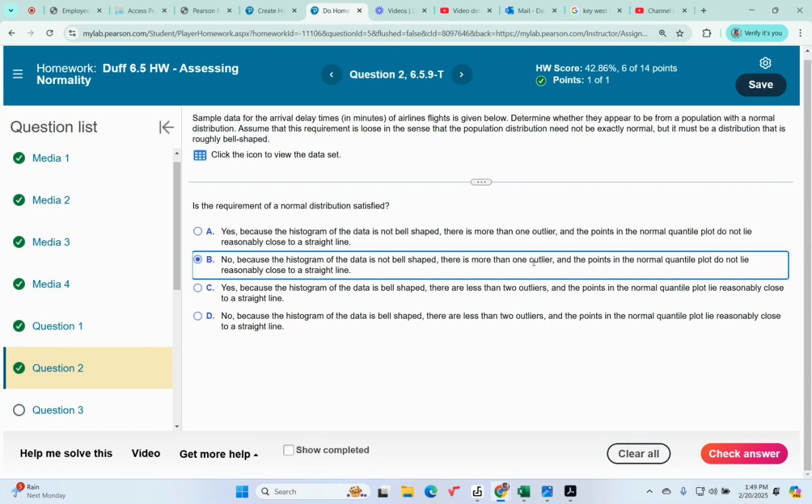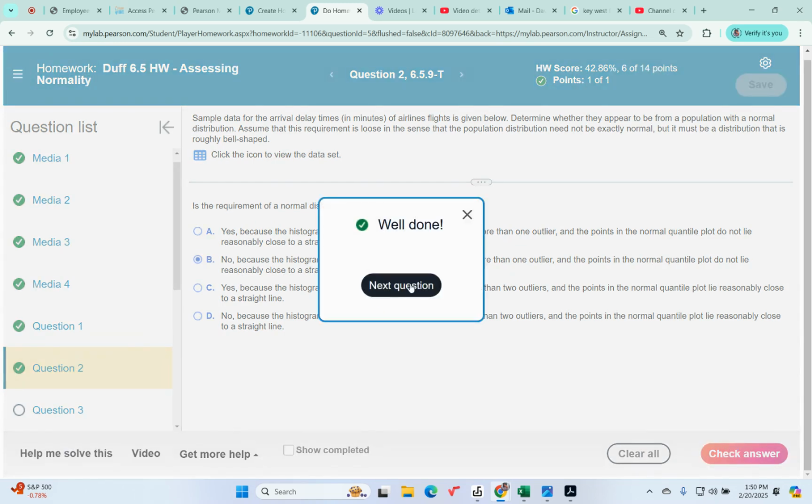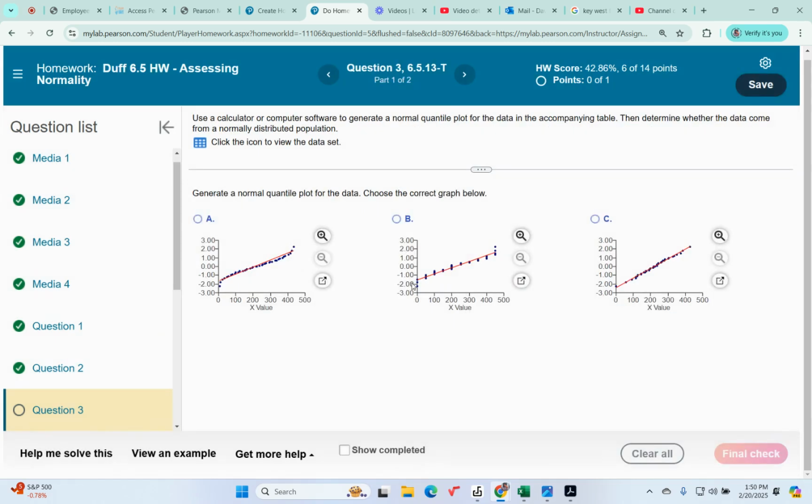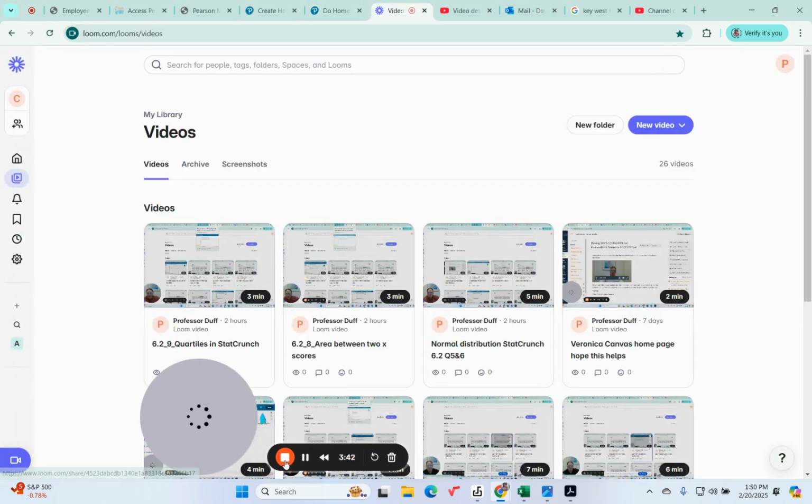The way you would do that is by looking at the interquartile range and seeing if values are 1.5 times less than or 1.5 times more than the interquartile range. But in order to get this problem, we're just going to say no because it is not bell-shaped. And that concludes this lesson.